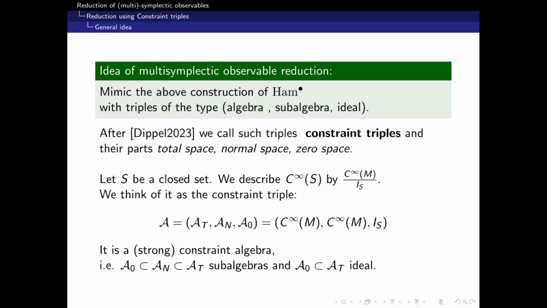Before, we had the constraint triple C infinity of M, for example. So when we just want to describe the quotient, the algebra and the subalgebra are equal, and the thing we quotient by is the ideal. And it forms a strong constraint algebra in the sense that the ideal is not only an ideal in the subalgebra, but also in the global algebra.